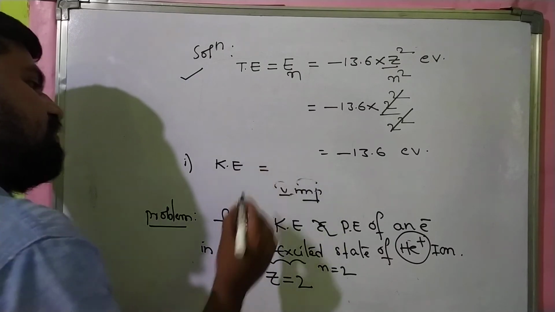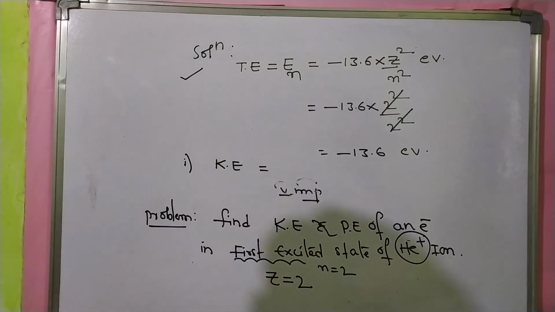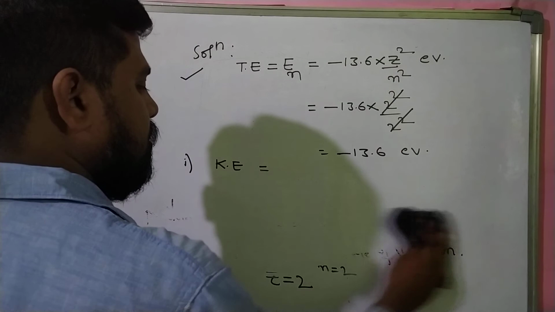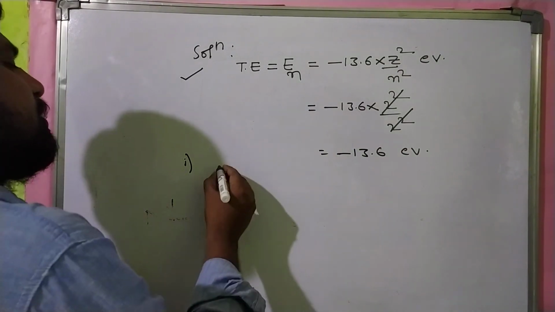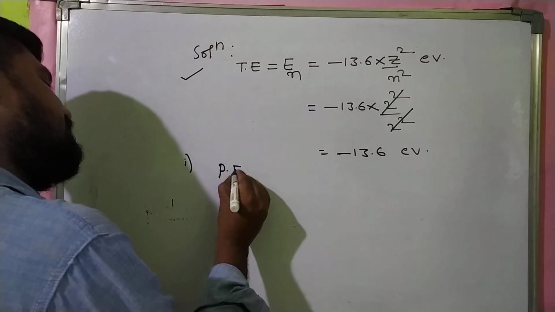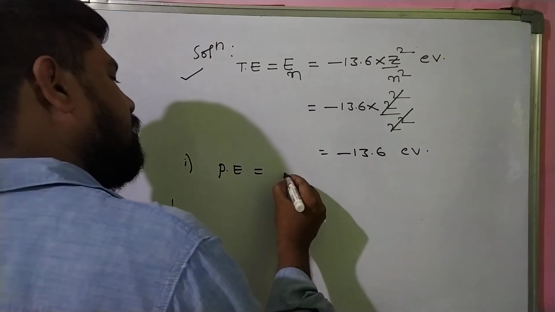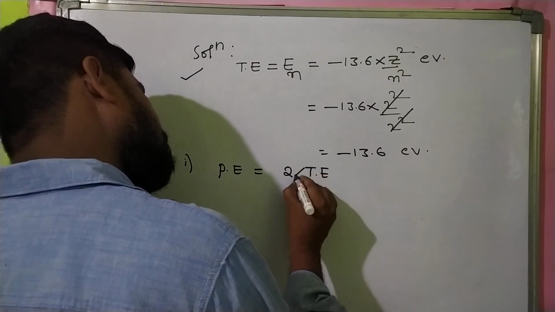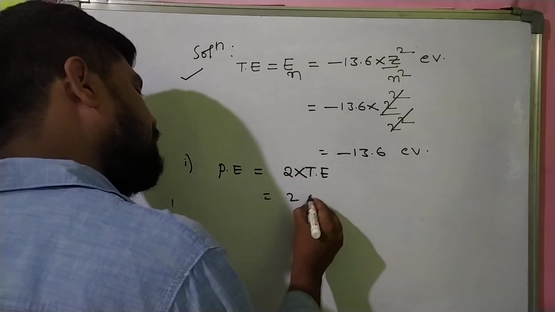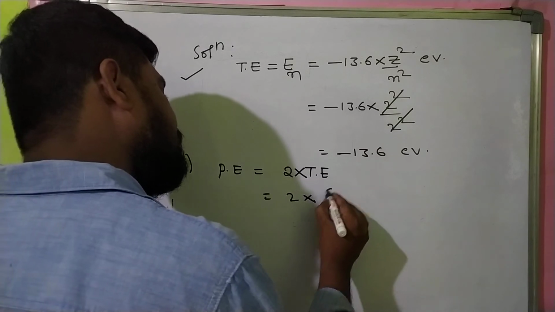Now for potential energy. Potential energy equal to 2 into total energy. Now 2 into what is the total energy?